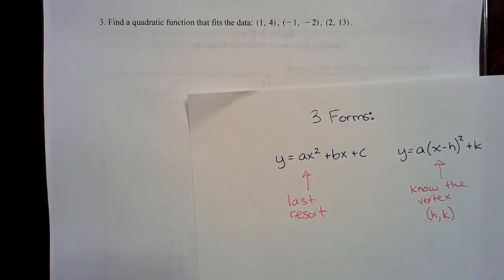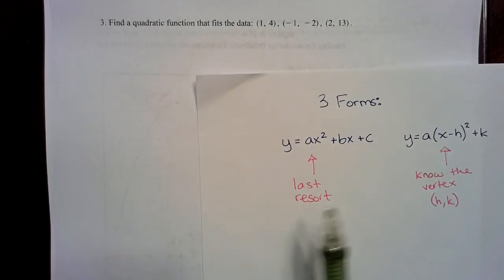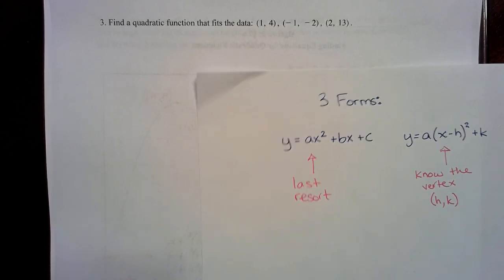If I just know 3 random points with no other information about those points, how would I go about finding a formula? So, what am I going to use? For a formula where I don't have any specific information about the vertex or the x-intercepts, I'm going to my last resort, this ax squared plus bx plus c formula.